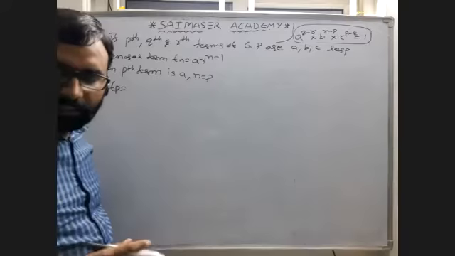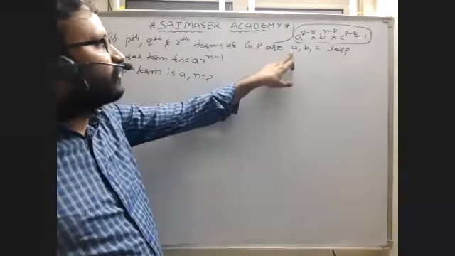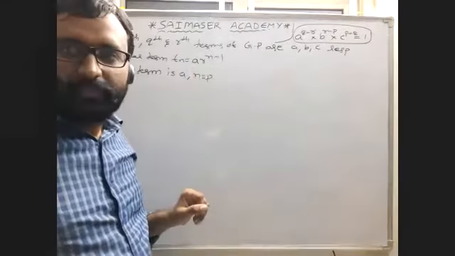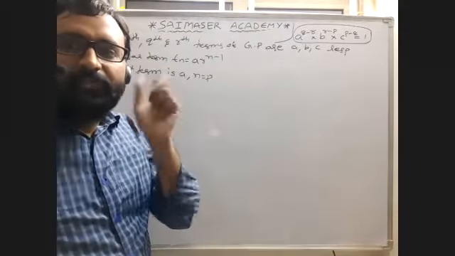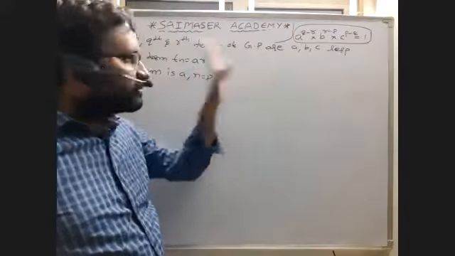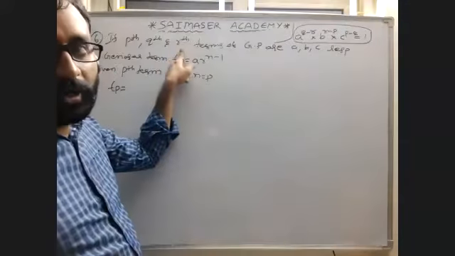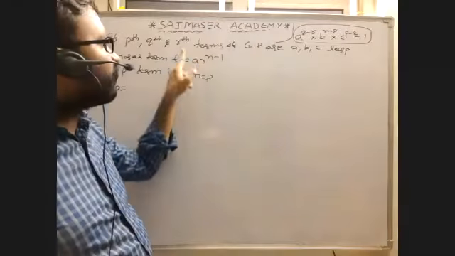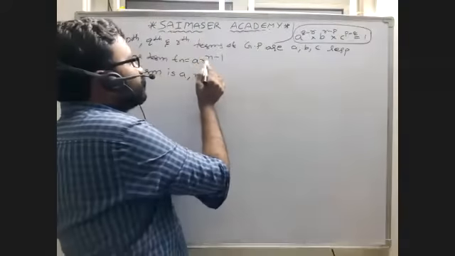So here already we have small a in the question and small a in the formula. So there you will get some confusion. Why? Because this is a, that is also a. And here in the question small r is there, the rth term. In the formula small r is there. So that's why I'm changing these two values.